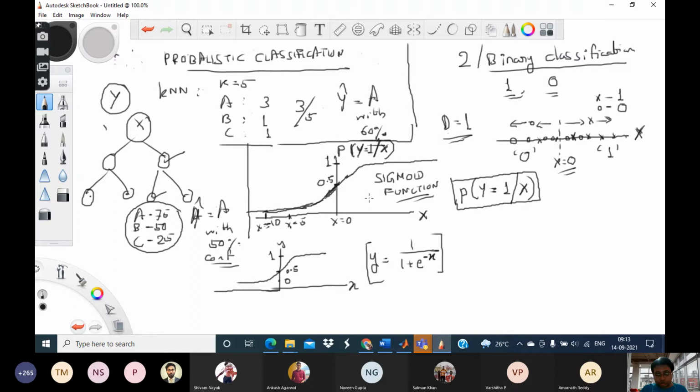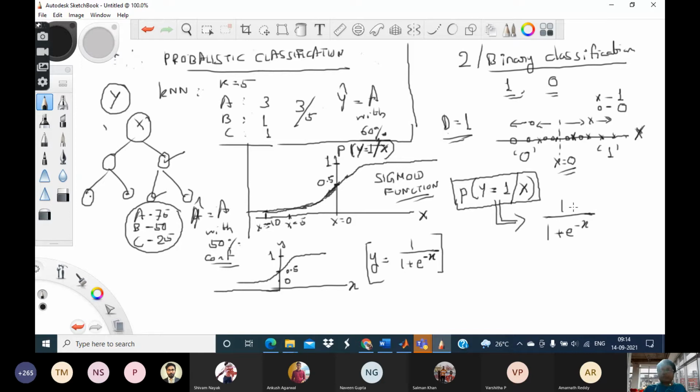In this case also, I may be tempted to approximate this quantity as such. Now I was talking about the threshold. If the threshold is 0, then this is what the sigmoid function is.